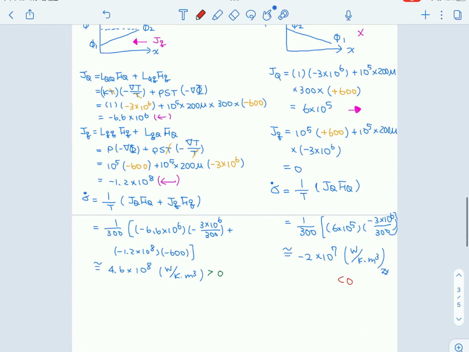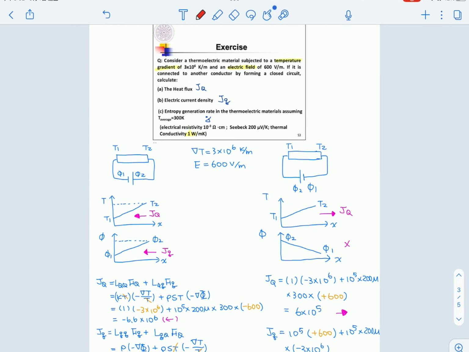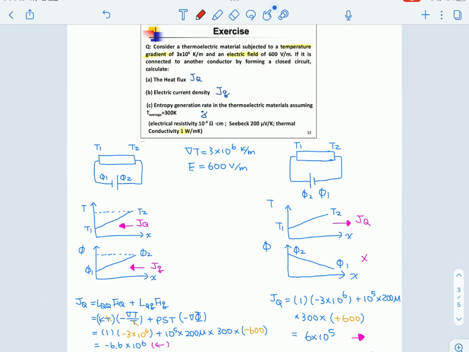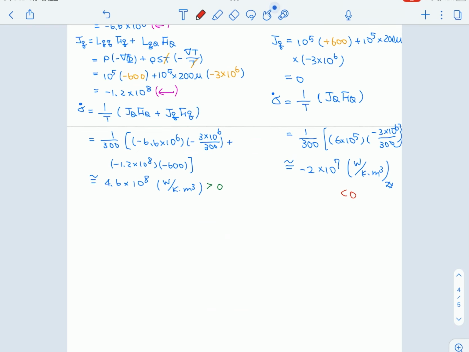Okay, so this result is interesting, and let's end it here, and I hope you have some idea about how to get the heat flux and current density when two driving forces coexist or are co-applied on the system, and also hope you can use the entropy production rate to describe your flow process, and determine what kind of flow process is possible, and what kind of flow process is impossible.